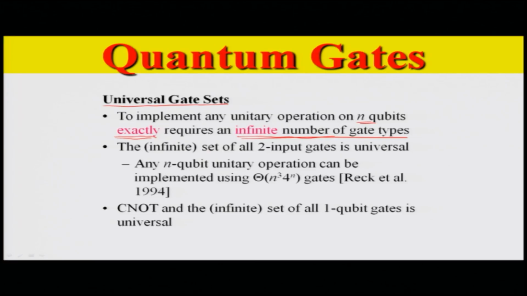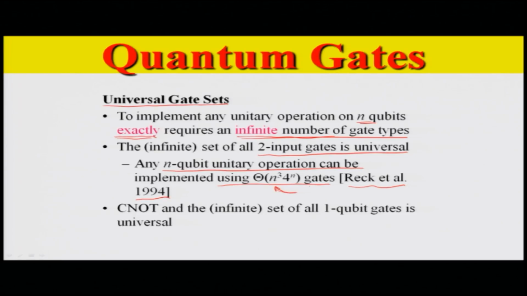And so, the complete set gets harder and harder to be defined. The infinite set of all 2 input gates is universal, for instance. So, any n qubit unitary operation can be implemented using so and so many gates, and this is taken from some work done back in 1994 by Reck et al., where they were able to show how many operations in unitary cases and orders of the gates are required for this.